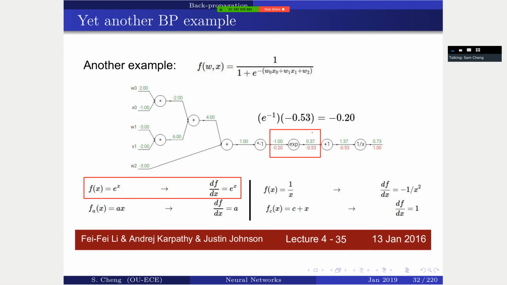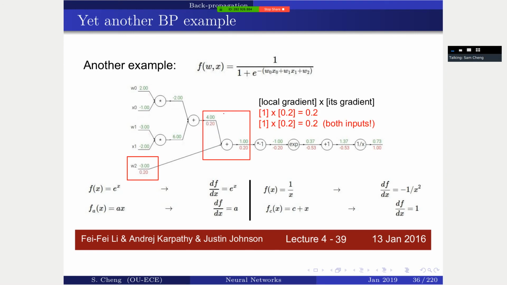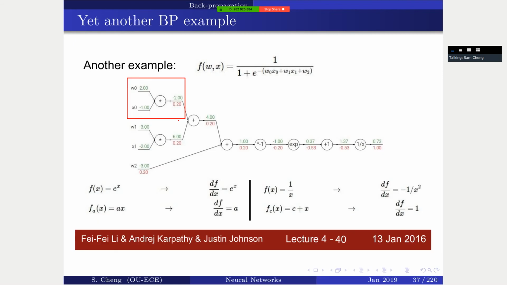So multiplied by 0.37 is about minus 0.2, and then this one is minus 1, so it's 0.2, and this is just 1 here, so it's just 0.2 passed back, and this is also 1 here, 0.2, and this one is minus 1, so it's minus 0.2, and so on and so forth.